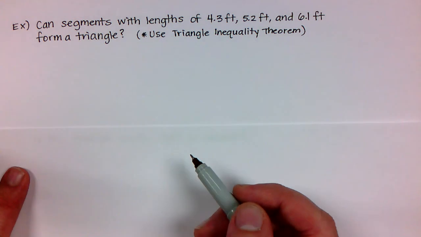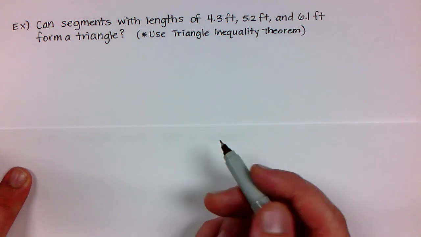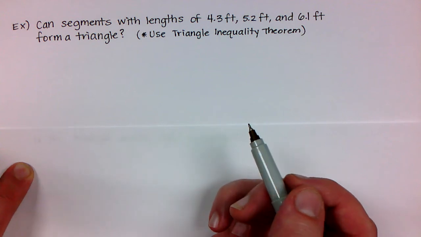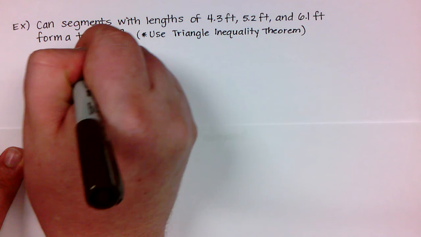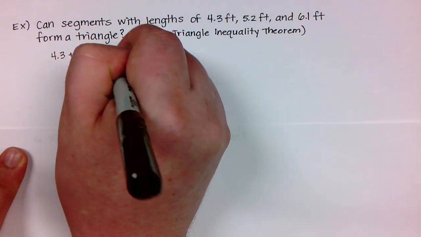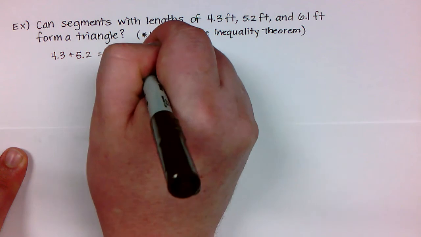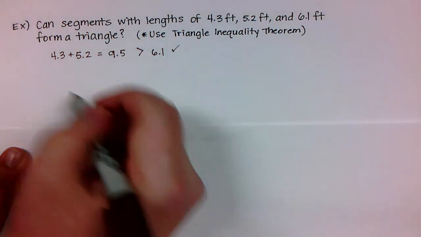So what we're going to do is we're going to add up 2 sides and see if their sum is greater than the third side. So we just need to do this for all 3 different scenarios. So 4.3 plus 5.2, that equals 9.5, and 9.5 is greater than the third side, which is 6.1.